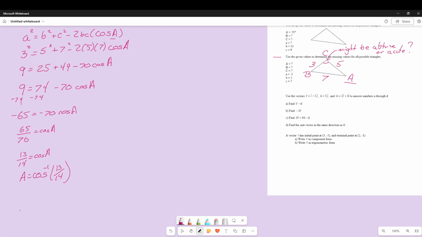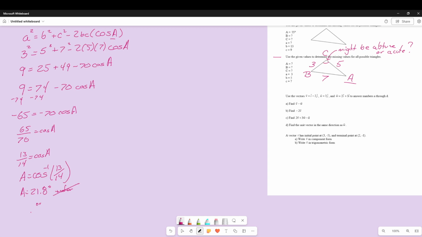So cosine inverse of 13 14ths is going to be 21.8 degrees. And of course, or anything coterminal, but we're not going to care about the coterminals.